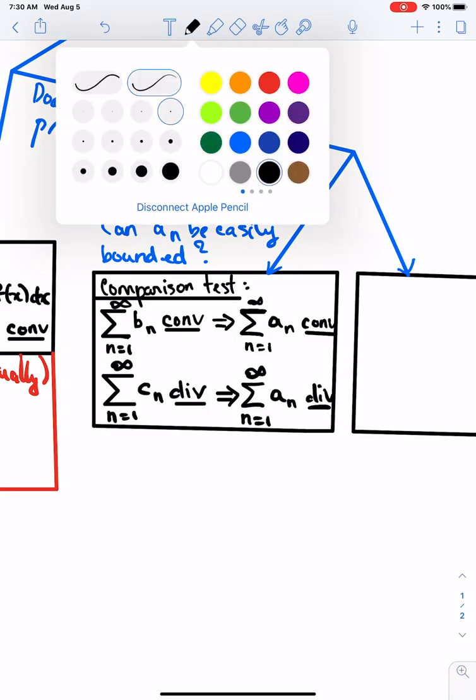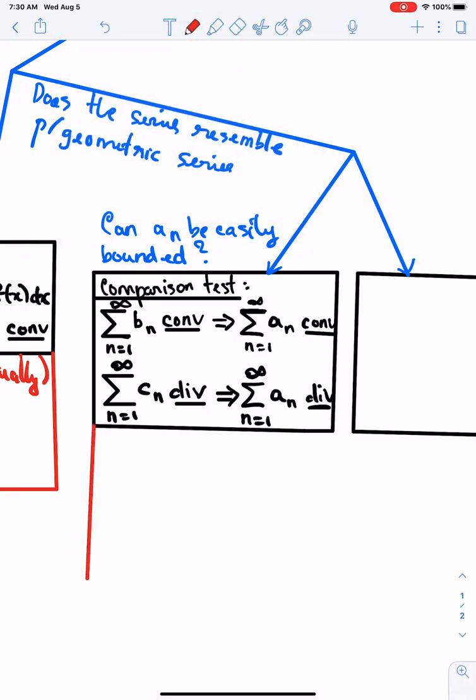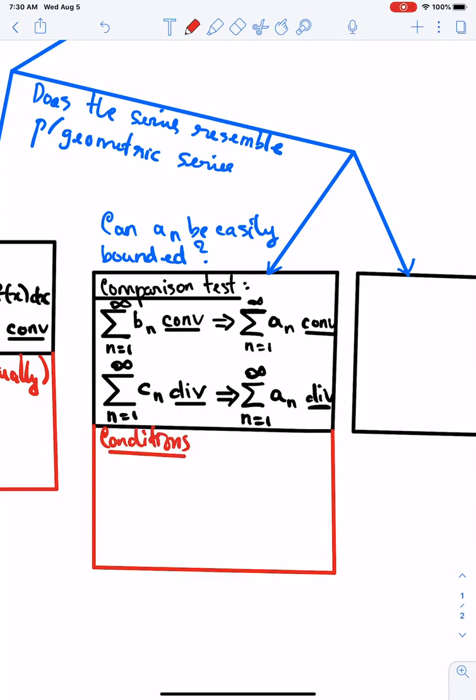So the condition is that you want to have some sort of bounds for a sub n, eventually. For the first case, you want an upper bound for a sub n, so you bound a sub n by some infinite series b sub n.